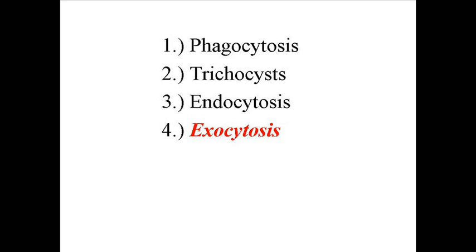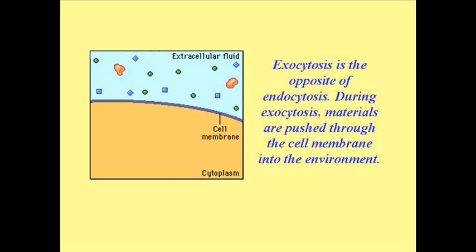For example, it is important in the cells of the salivary gland, which secrete enzymes that are released into the mouth, where they can begin the process of digestion of chemicals.